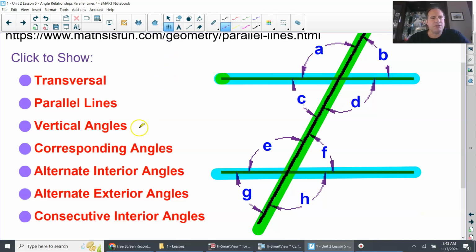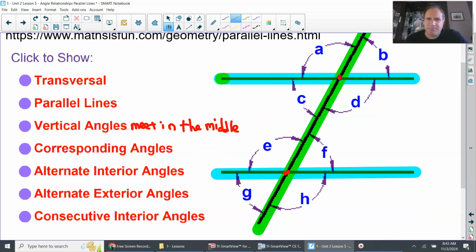Vertical angles are basically called kissing angles. They meet directly in the middle. So I'm just going to put a dot right here and a dot right here. They meet in the middle. So vertical angles meet in the middle.